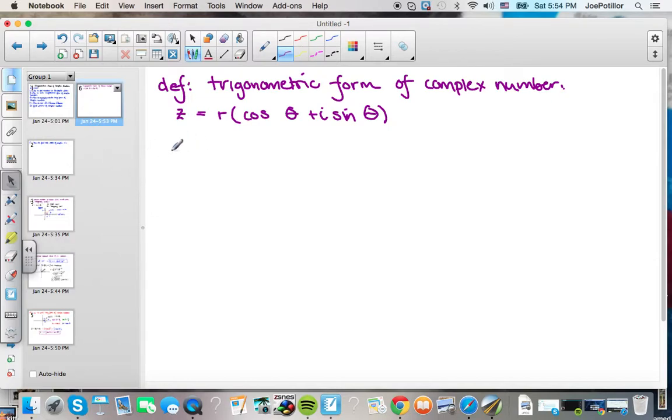So this is going to identify the pieces. r is the modulus, or the absolute value. We define theta as the argument, or the angle.